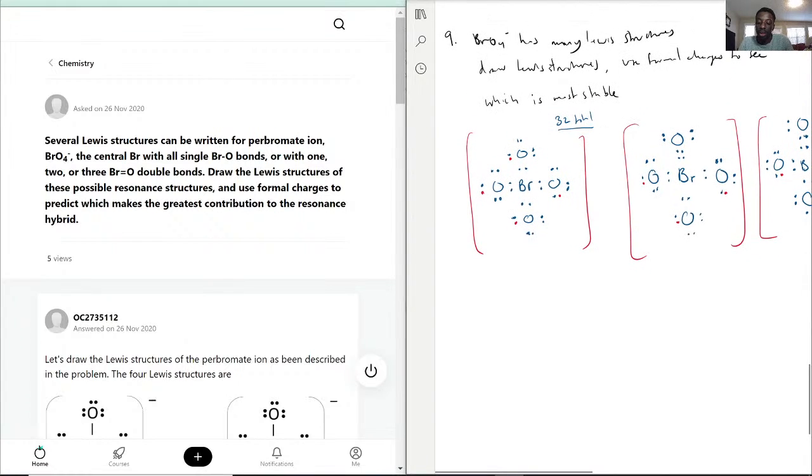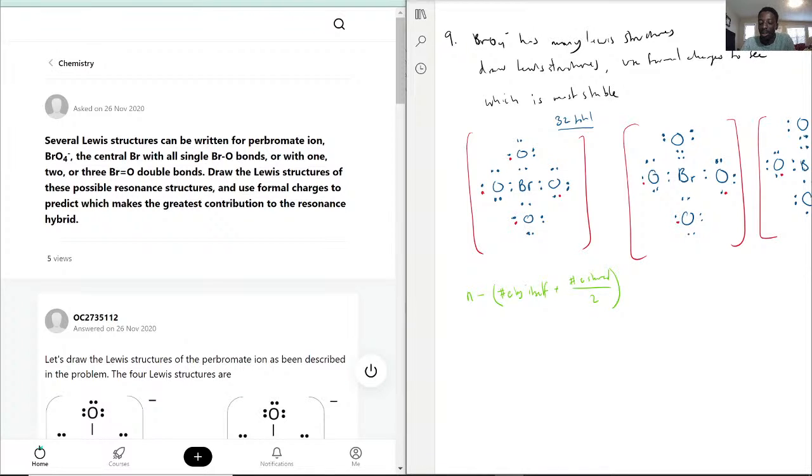Now let's use the formal charges to figure out what's going on. Let's start here, the bromine formal charge. To find formal charge, the equation is the electrons it can typically bring, n, the number of valence electrons, and you subtract from that the number of electrons by itself, plus electrons shared over 2.